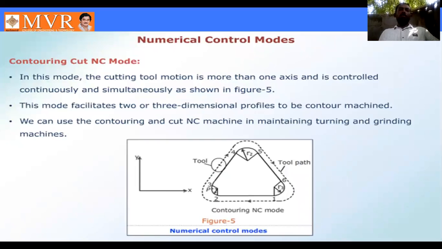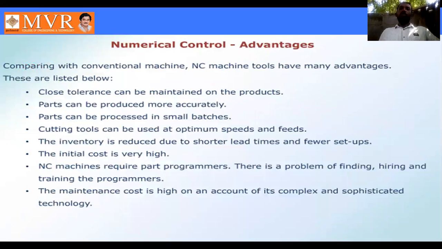Next is numerical control advantages. In the previous class we learned about the introduction to NC machines, conventional NC machines, and the principle and operations of NC machines. Next is NC modes. We have four elements for conventional numerical control machines. The first is the program of instruction, the second is the machine control unit, the third is the NC machine tool, and the fourth is the NC cutting tool.